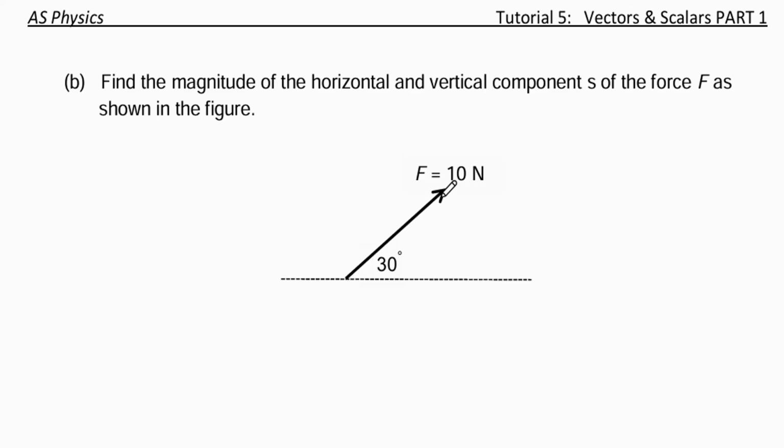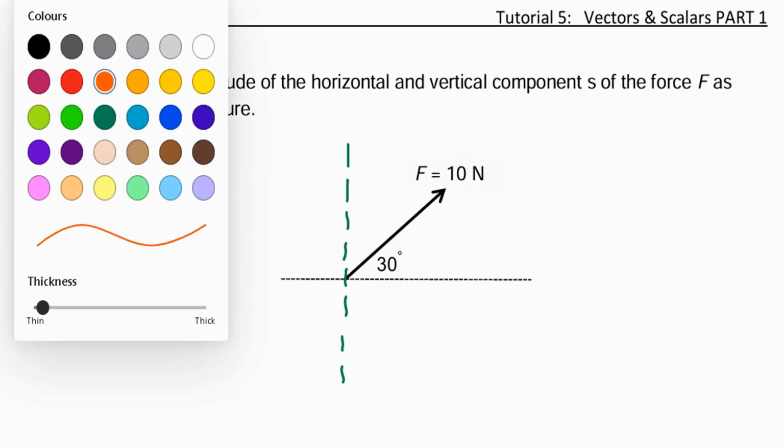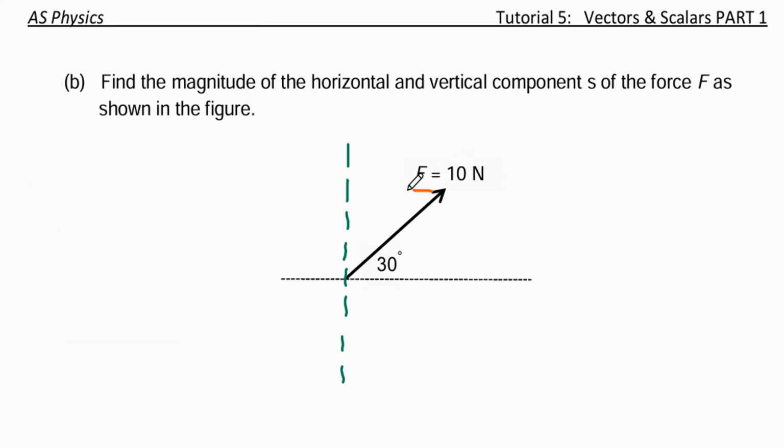So we have a force F of 10 newtons, making an angle of 30 degrees with a horizontal plane. We can add the vertical plane. Now, to find the component of the force F in a vertical plane, we simply drop a perpendicular onto the vertical plane.